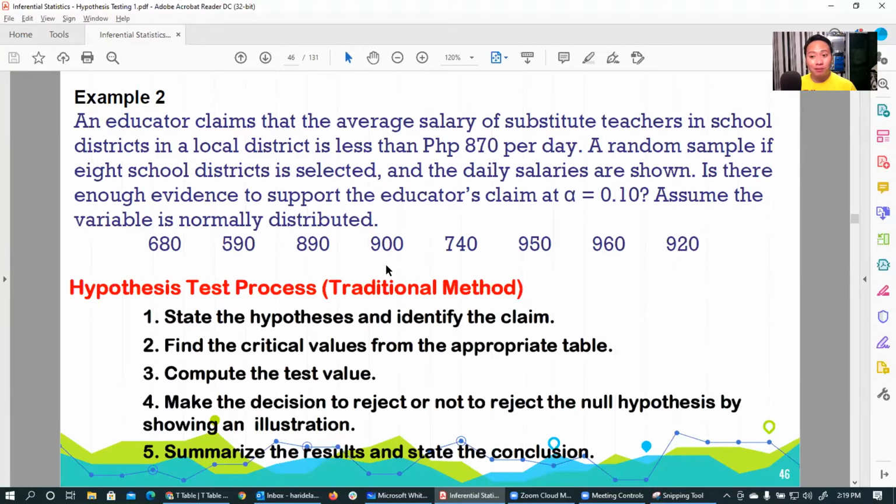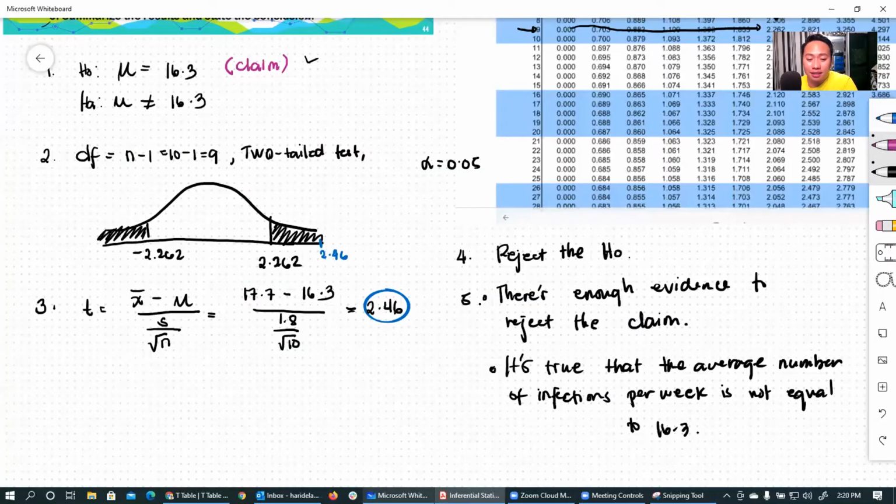Looking at this problem, do we have a standard deviation from the population? The answer is no. So this problem will use the t-test for a mean.